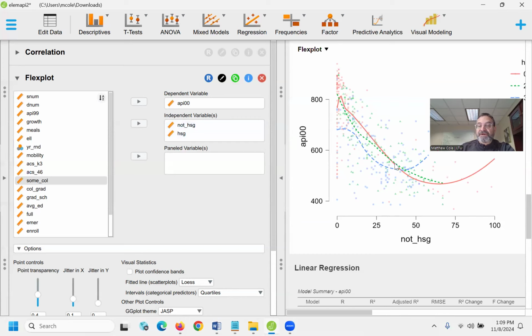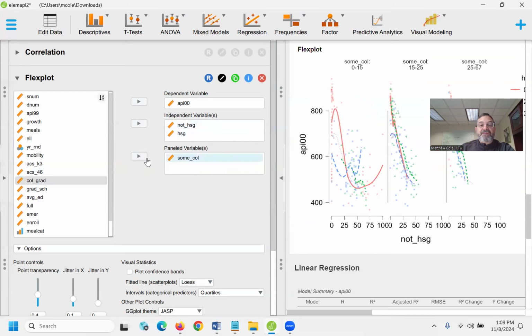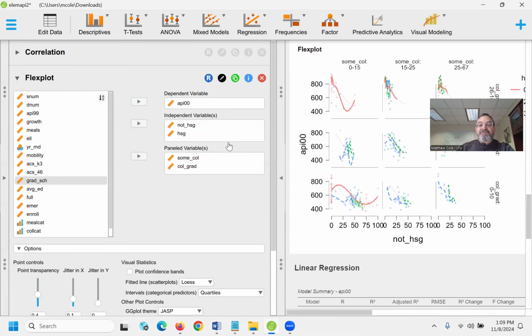So you'll do various pairs if you wanted to. You don't have to do it for your assignment. I wonder if we can panel by a continuous variable. All right, so we can get 3. I wonder if we could get more. Can we add in 1 more? No, 2.